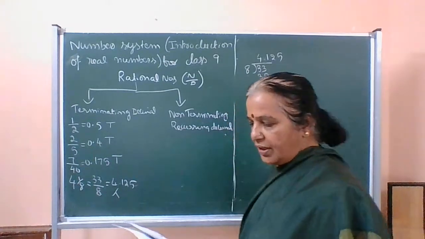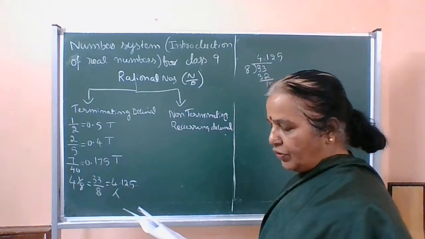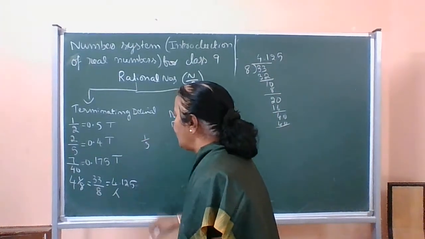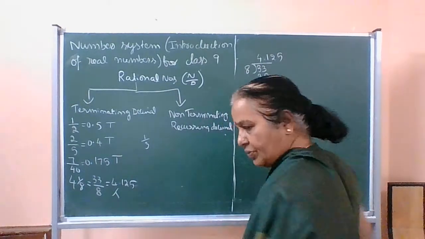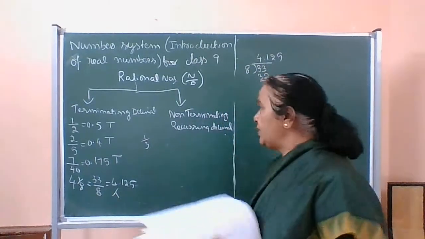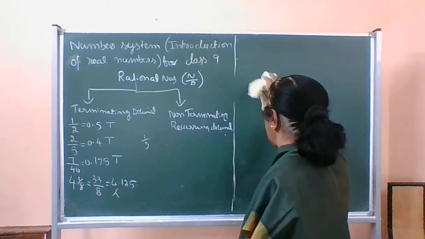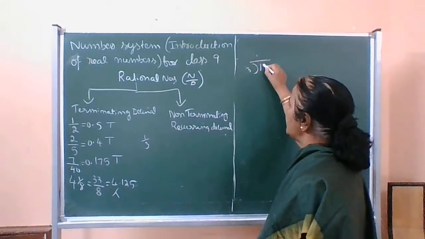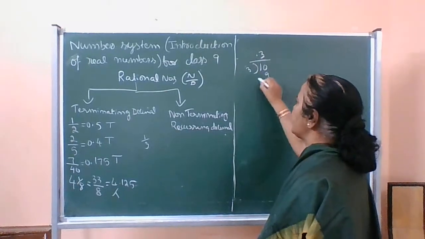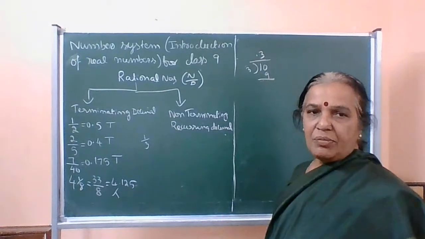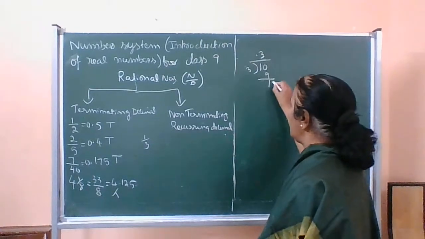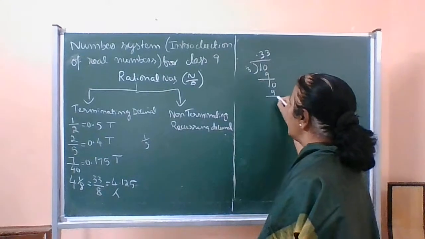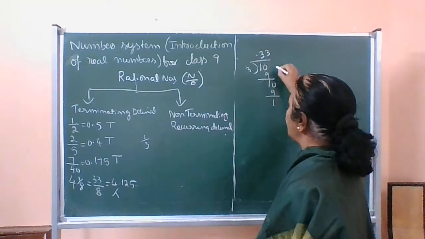Now I will take the example of 1 by 3. What happens if you divide 1 by 3? I'll show you the division. 1 by 3: 0. 3 threes are 9. What is 10 minus 9? It is 1. Therefore, you can add a 0. Again, 3 threes are 9, and then 1 here, and here one more 0.